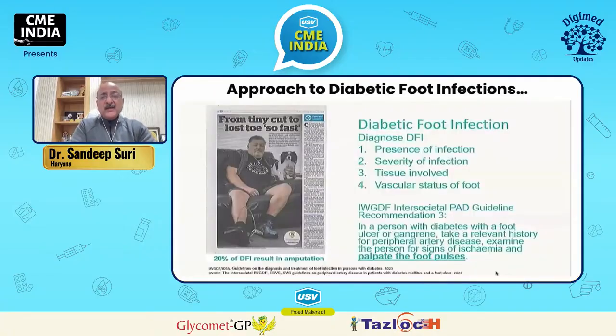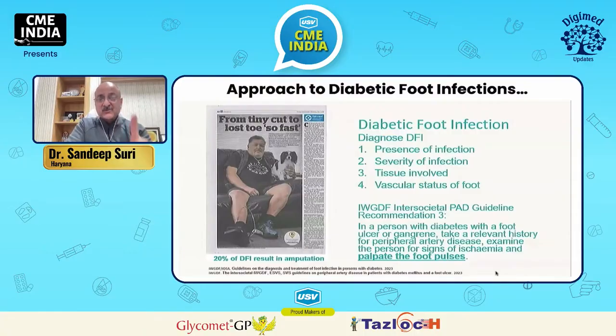Now, I will be talking about how to manage diabetic foot infections through the IWGDF and IDSA guidelines recently published in 2023. And a very important highlight is that from a tiny cut to a lost toe, it is so fast. 20% of diabetic foot infections result in amputation. Once we find a diabetic foot ulcer, and we are talking about diabetic foot infection, there are 4 important questions we have to ask.